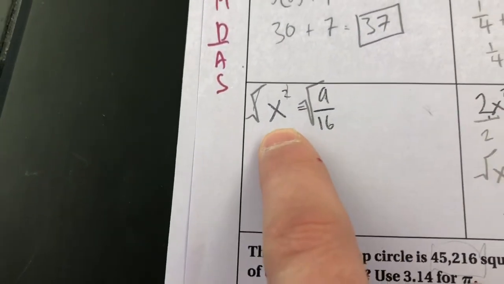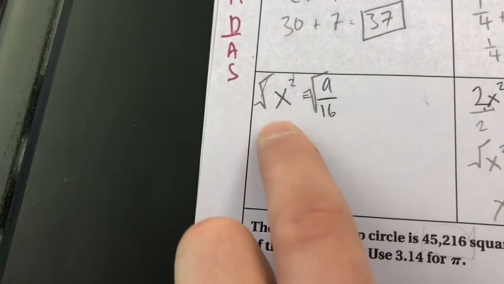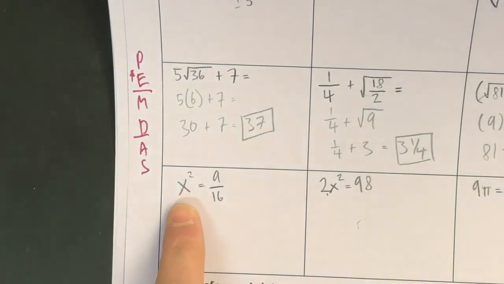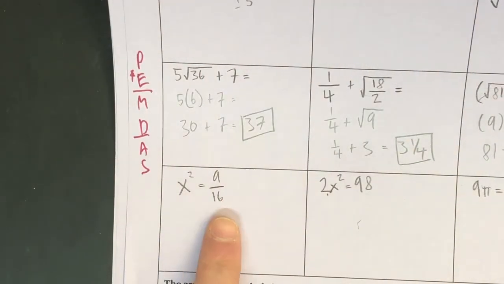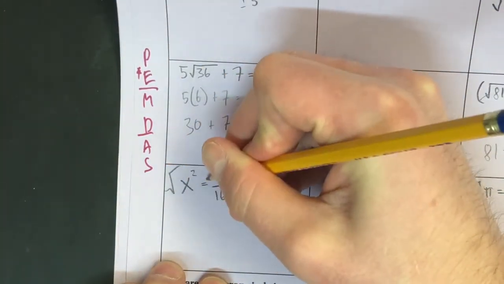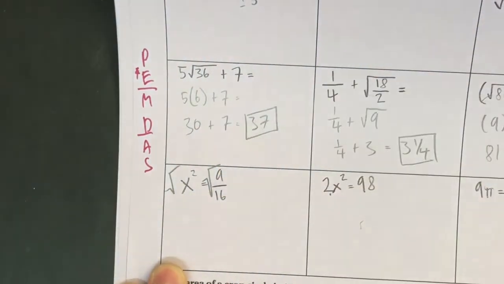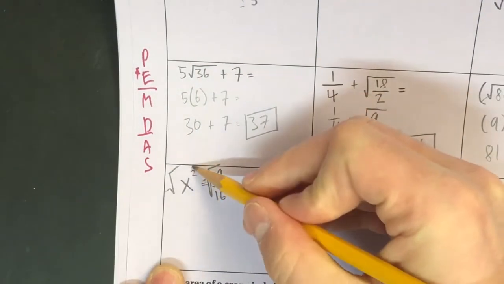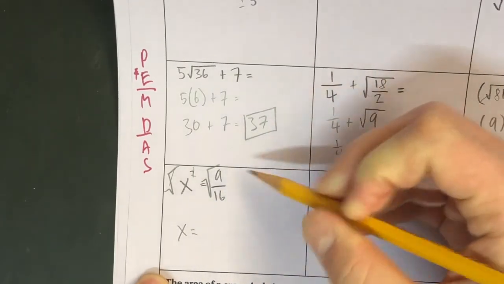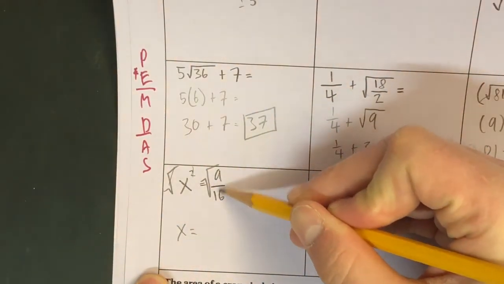For example, this one here. To undo the square, you're going to have to take the square root of both sides. x squared equals some number. I want to get rid of the square, so we take the square root of both sides. The square and the square root cancel, leaving me with just x equals the square root of 9/16.